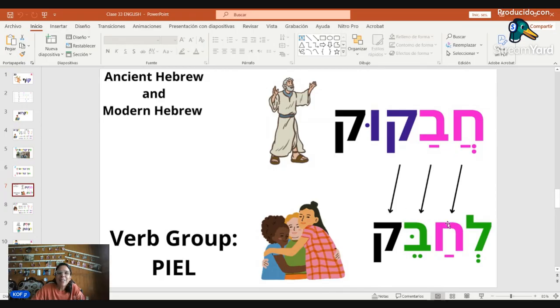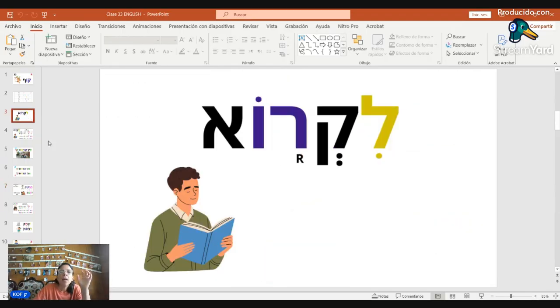This is something that I really enjoy from Hebrew. And this verb belongs to piel. It's not pa'al anymore. Why? Pa'al verbs have holam vav, or sometimes shuruk vav, in this position.